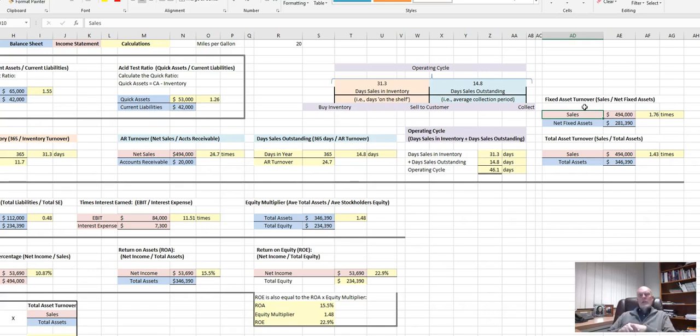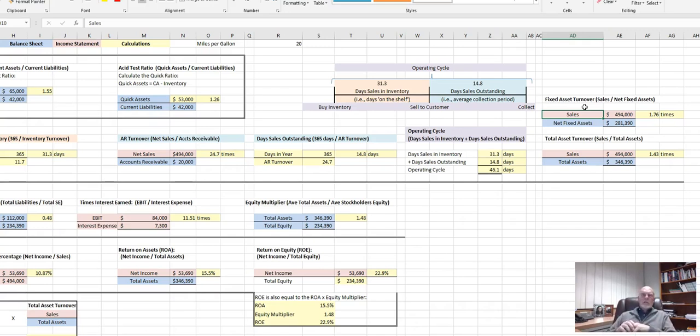Like a retail store might look at sales per square foot. In other words, how efficiently are we utilizing the square footage of the store? A hotel might look at sales per room night, so they're thinking about how efficiently we're using the available rooms that we have to generate sales dollars.